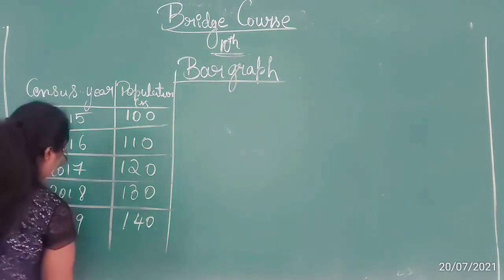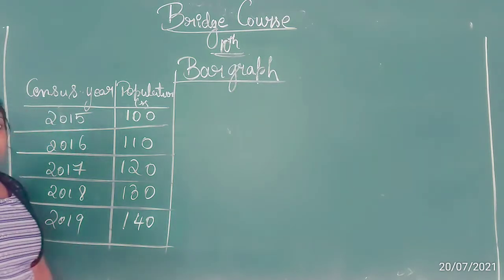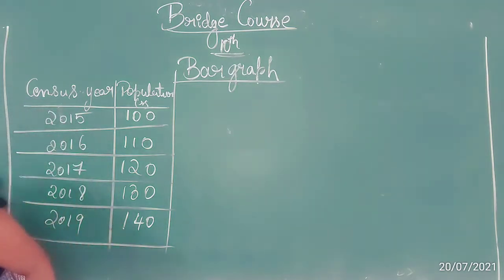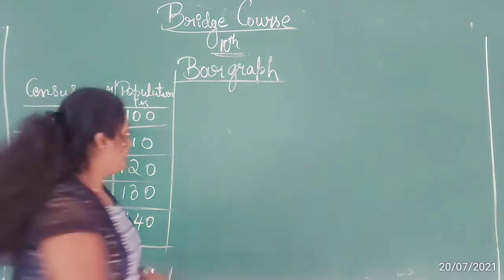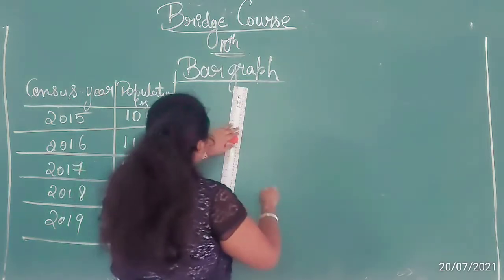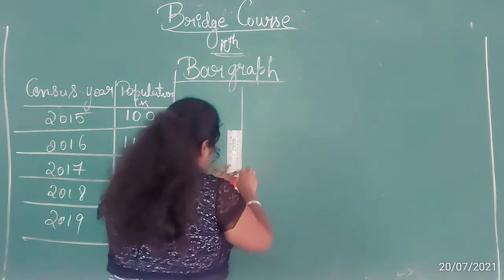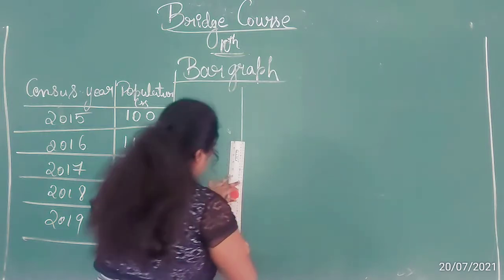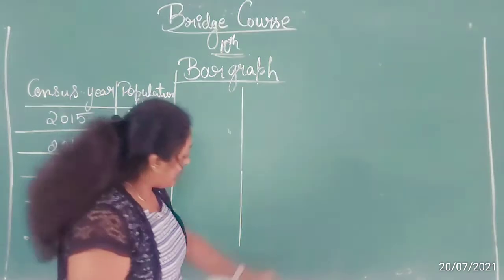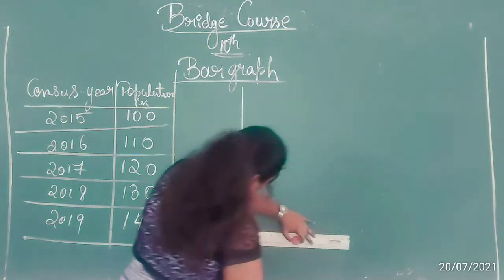When you people are writing, kindly use pencils and scale. Now, let me draw a graph. I have drawn a straight line like this. Then I will be drawing a line like this.